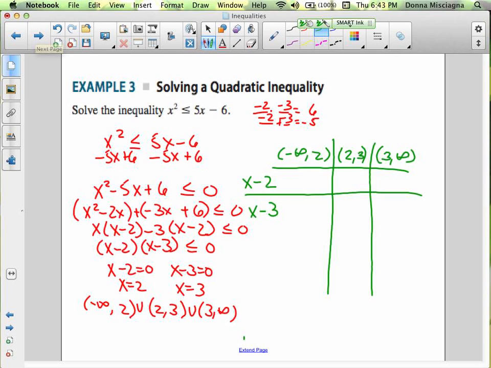So for each interval, we'll check that particular factor to see, if I plug in a value from that interval, am I going to be positive? Am I going to be negative? And then we're going to have x minus 2 times x minus 3.